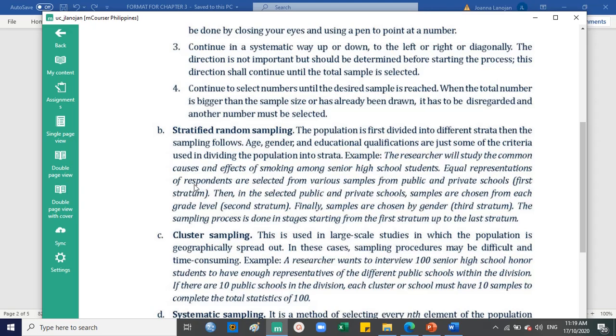Equal representations of students are selected from samples from public and private schools. That is the first stratum. Then, the selected private and public school samples are chosen from each grade level. That's the second stratum. Finally, samples are chosen by gender. The sampling process is done in stages, starting from the first stratum up to the last stratum.